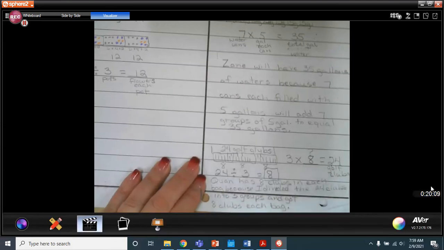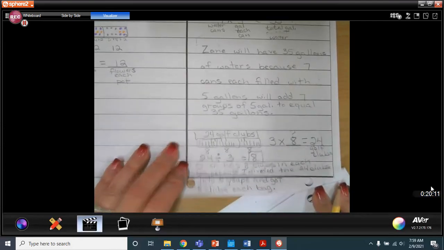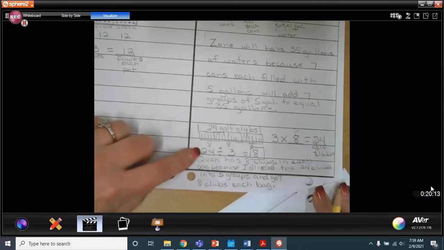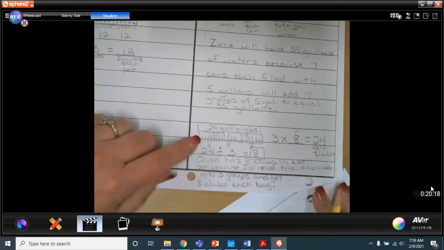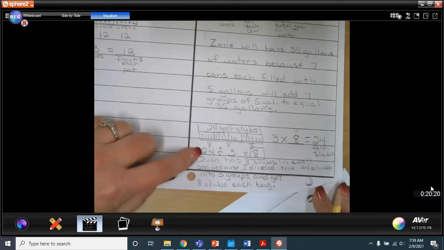I really don't have a lot of room here, but I'm going to fit it in. Okay, so we modeled, we showed an equation to go with what we did here. We divided, and then we put a response to our division equation here.